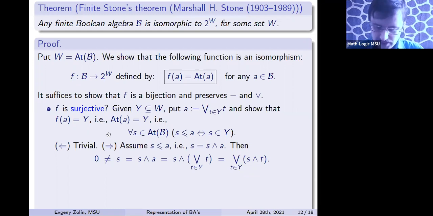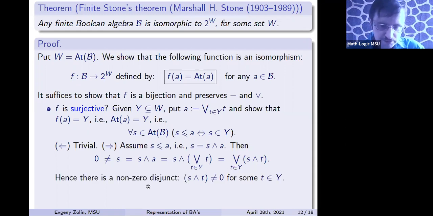What does it imply? It cannot be the case that every disjunct is empty, because then the big disjunction would be empty. So there must be some non-empty disjunct. There must be some T such that this S and T is not empty.